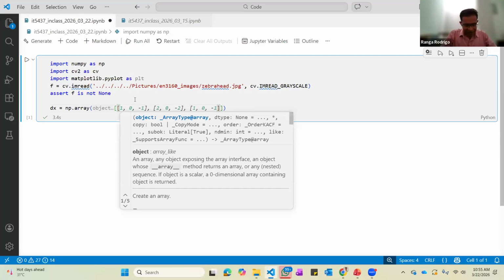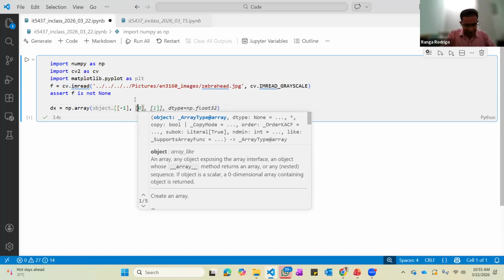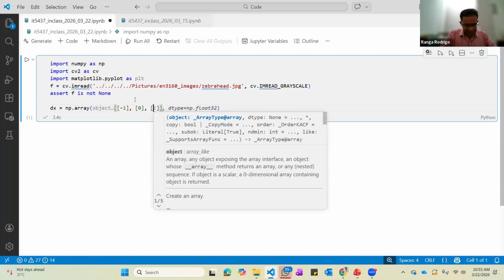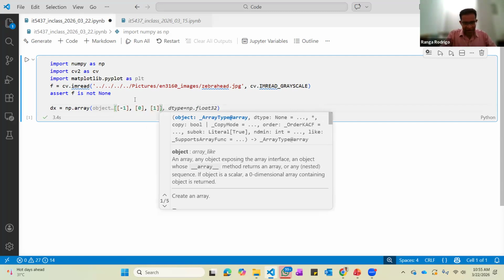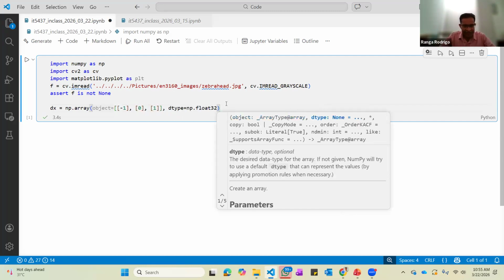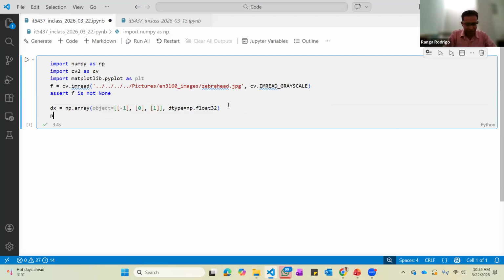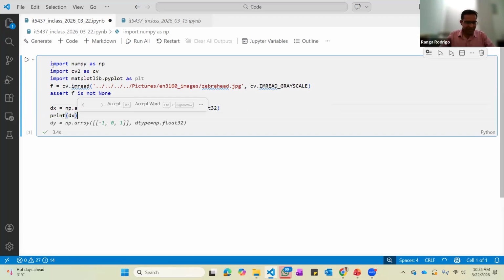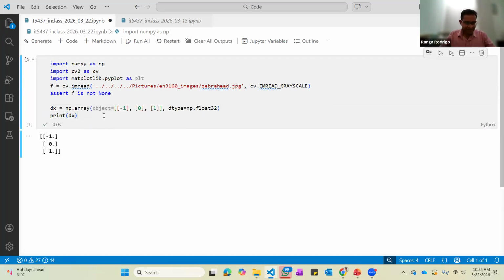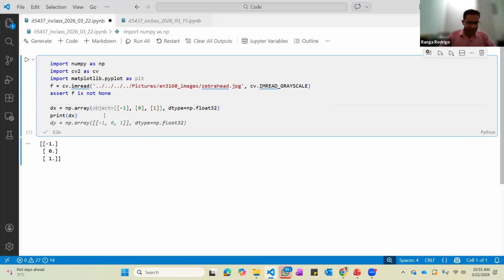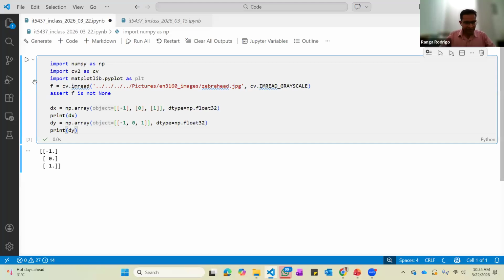So in the top row I should have -1, in the middle row 0, and in the last row 1, right? And astype float32, this you know. So I will print dx and show you what that looks like. Similarly dy, and I will print dy and show you what that looks like. Okay, so dx and dy.